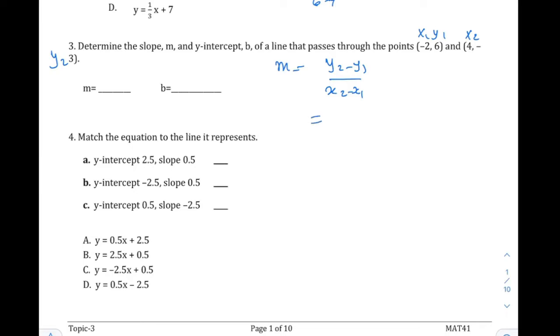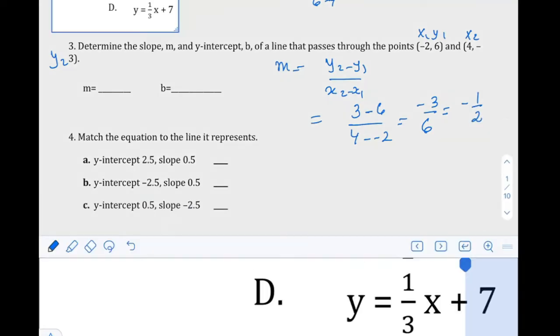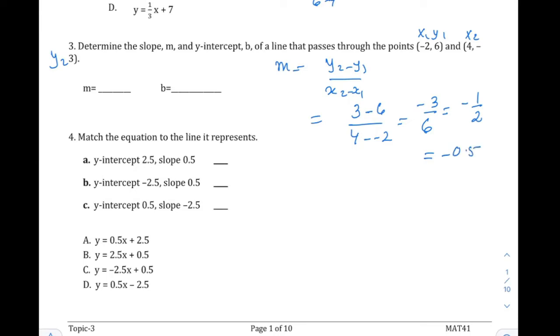Replacing y2 minus y1, so 3 minus 6 over x2 minus x1, 4 minus minus 2. So it is negative 3 over 6, which is negative 1 over 2, or negative half. So the slope is negative half.